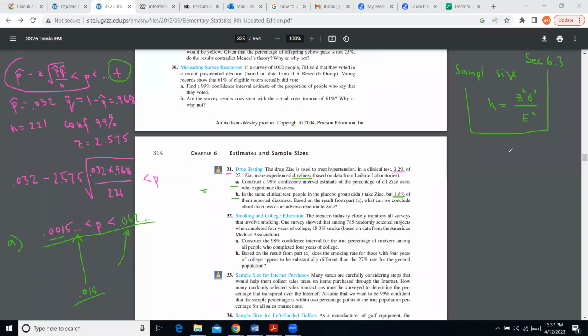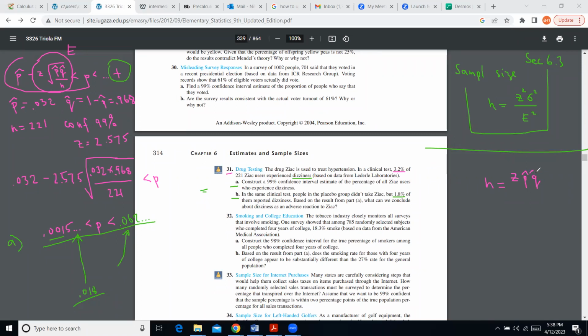So analogously, in section 6.2, the one that we are dealing with, we can also find the sample size if we call that the error. In other words, if I isolate n in here by taking this whole thing squared, so you get z squared multiplied by p and by q.